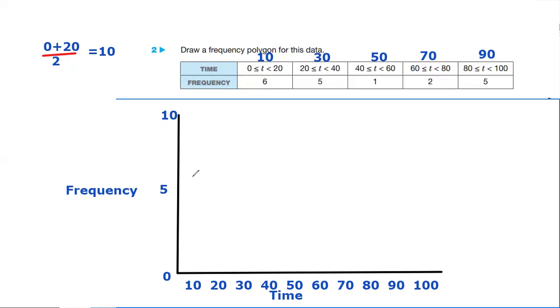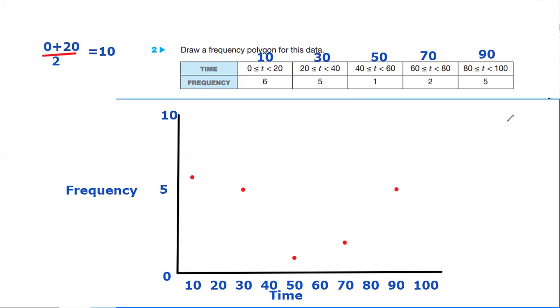Second point, we have 30 and 5. 30 and 5 over here. And then we have 50 and 1. 50 and 1 over here. And 70 and 2. 70 and 2 over here. And here we have 90 and 5. So 90 and 5 like this.